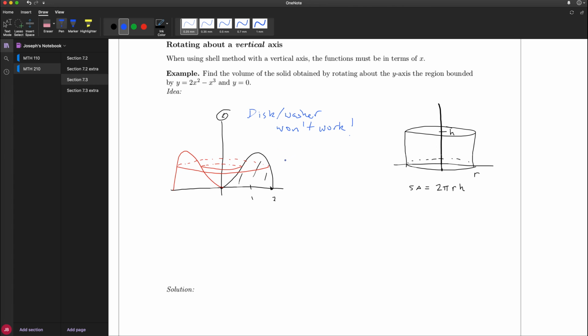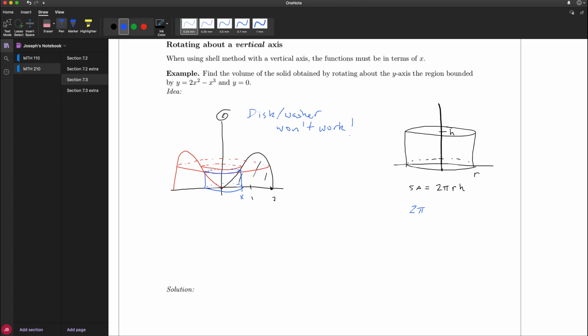What we have to do instead is pick an x value here. Now I can form a cylinder just like so. The surface area of that cylinder is 2 pi r h.